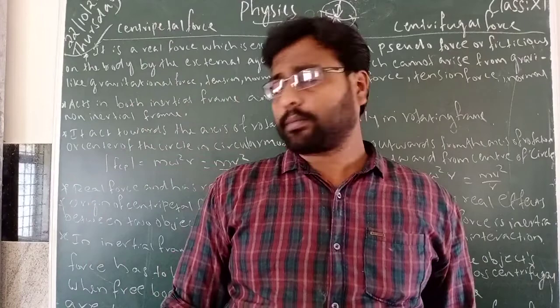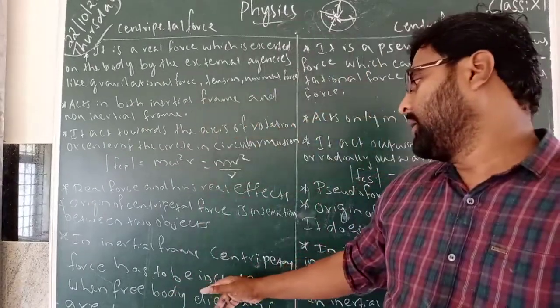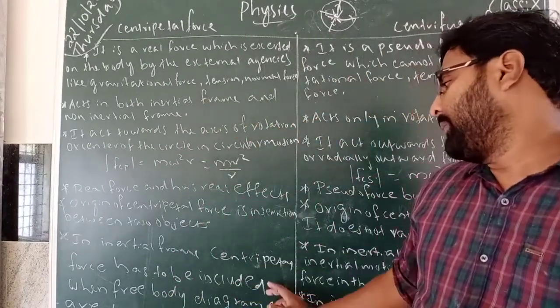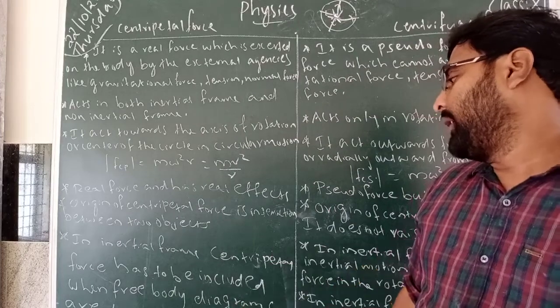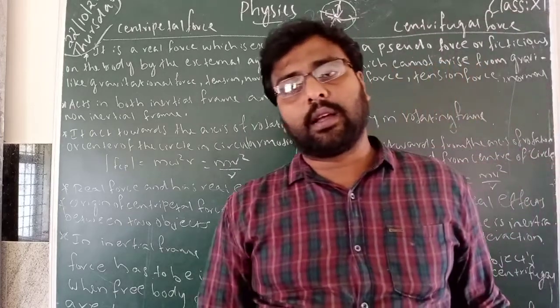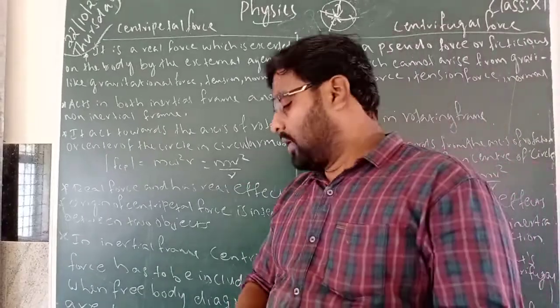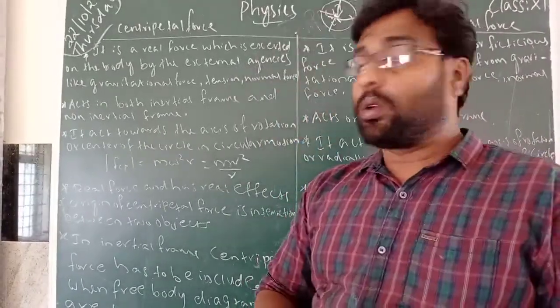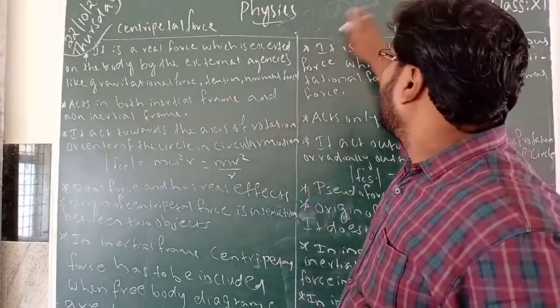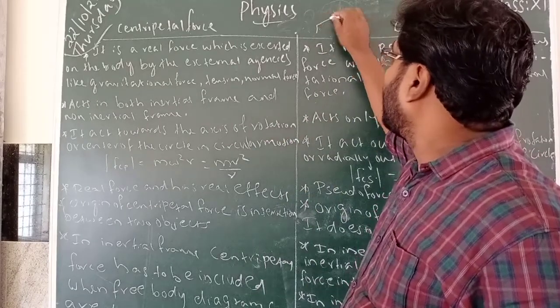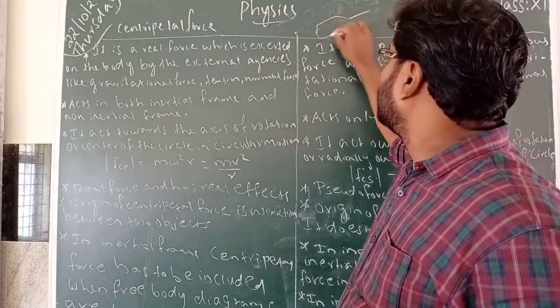And the next one: in an inertial frame, centripetal force has to be included when free body diagrams are drawn. For example, you are drawing a car which is moving.